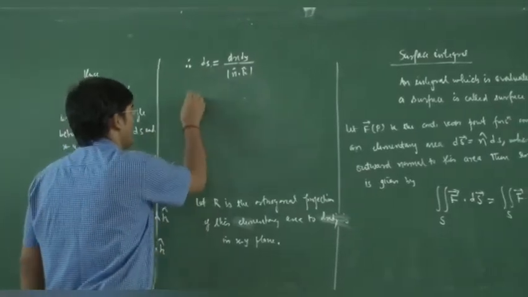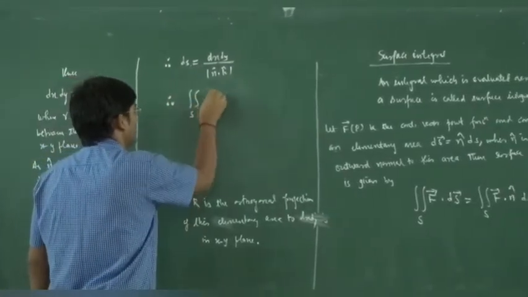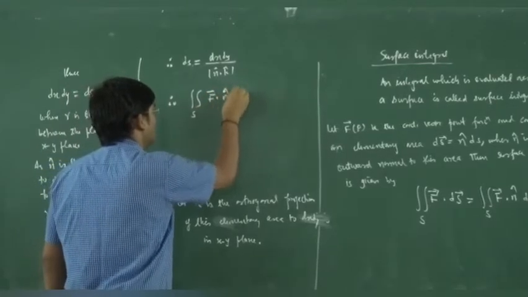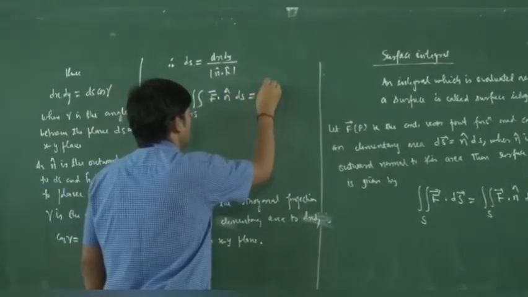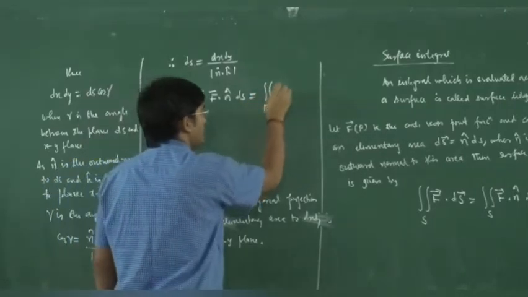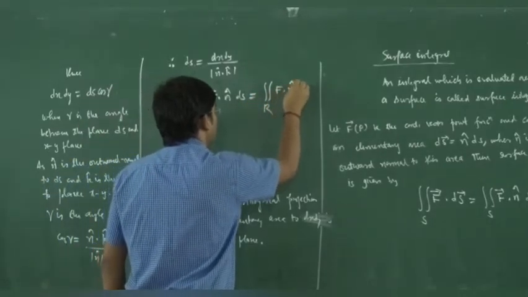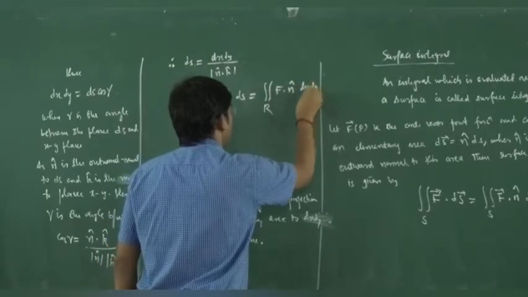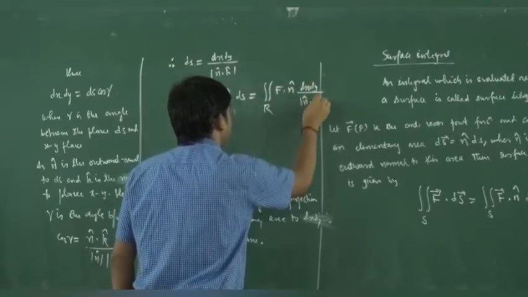So therefore this surface integral is equal to the double integral over r f dot n, where ds is dx into dy upon n dot k.